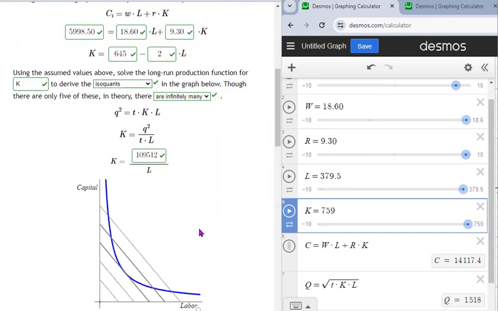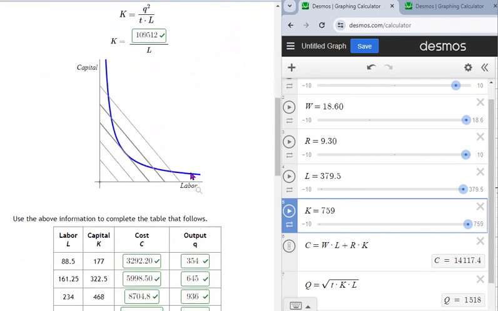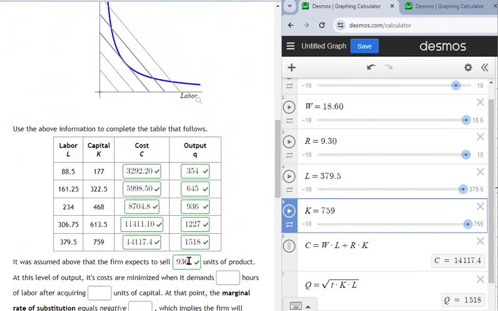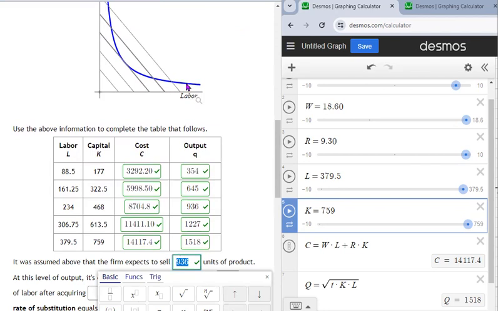So we expect to sell 936 units, right? So 936 units of product is what we produce anywhere on this blue isoquant.